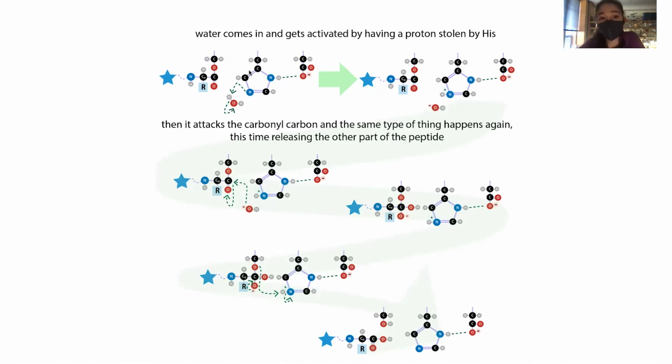So now this histidine is still basic because it's still forming that hydrogen bond to the aspartate. But now it doesn't have a protonated serine that it can take a proton from, because that serine's attached. And so now it takes a proton from water.